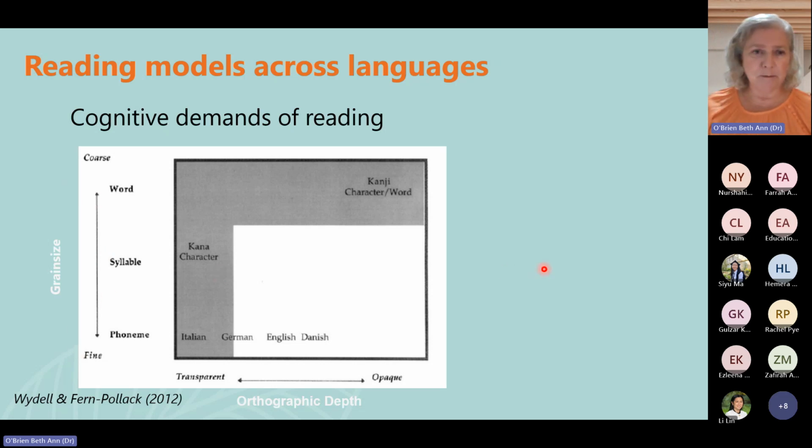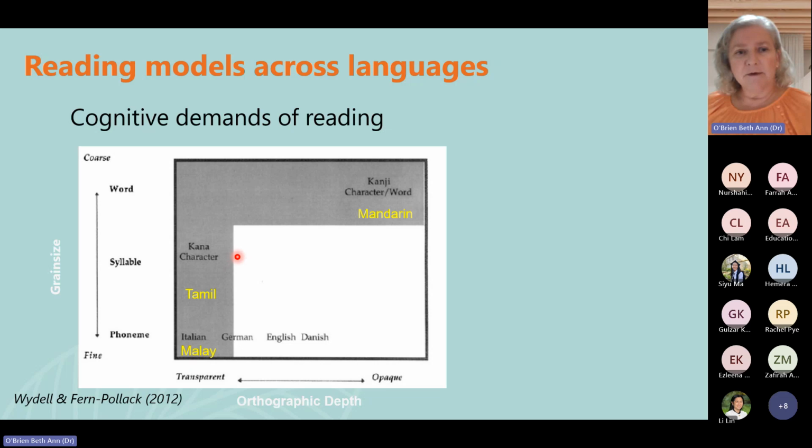So we see, for example, English is relatively less transparent than some of the other alphabetic languages like Italian and German. And we also have the language that we're studying in Singapore, Malay, is relatively also more transparent than English. And so these would be languages where processing would take place probably at the phoneme level.